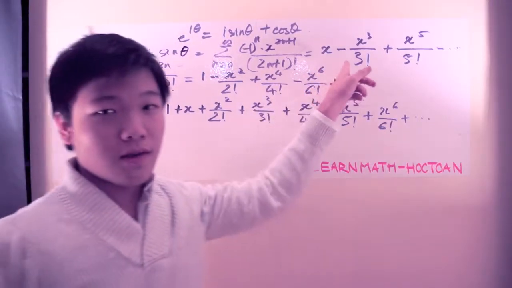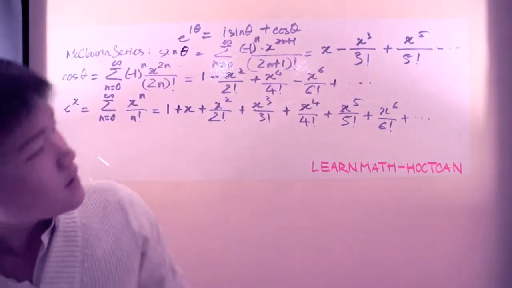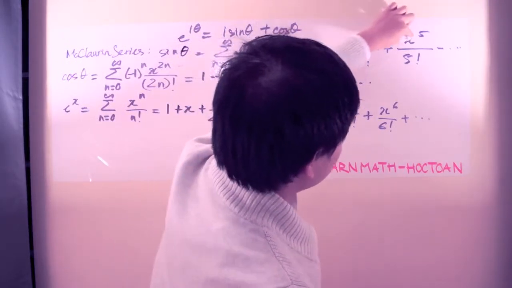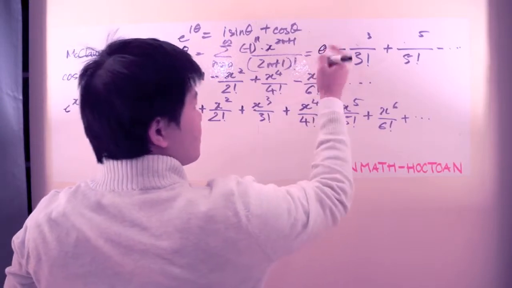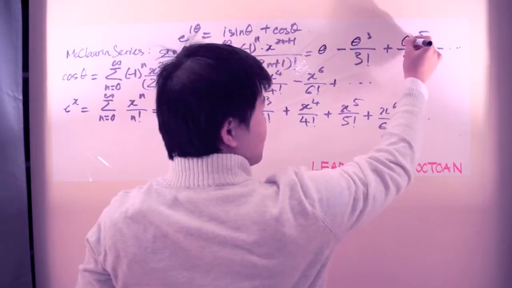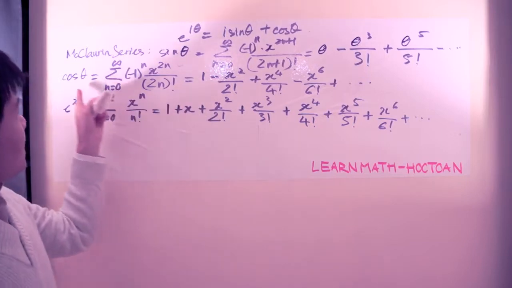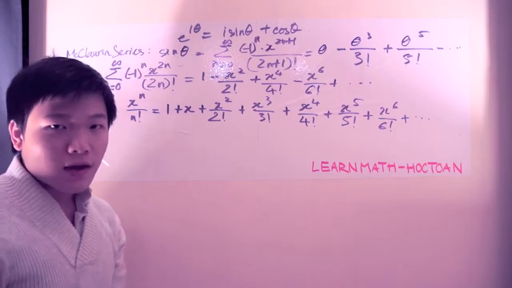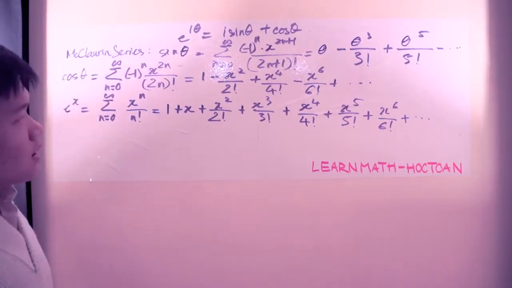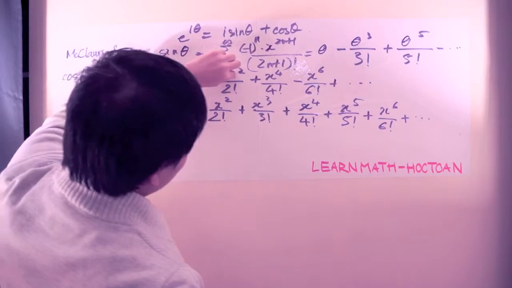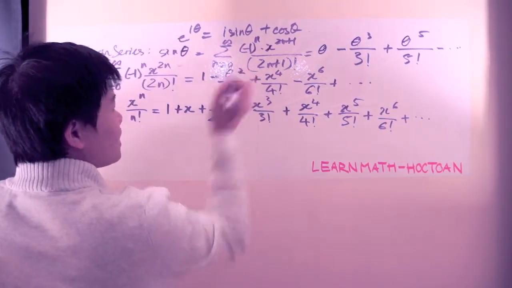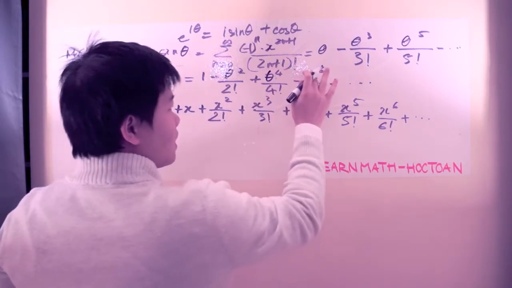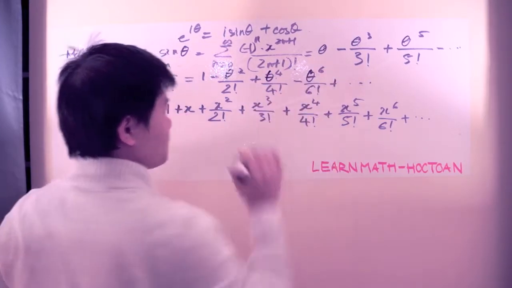So let's fix that: theta, theta cubed, theta to the 5th. Same thing for cosine theta. x is just a variable, so we can think of x as theta. So we have theta squared, theta to the 4th, and theta to the 6th.